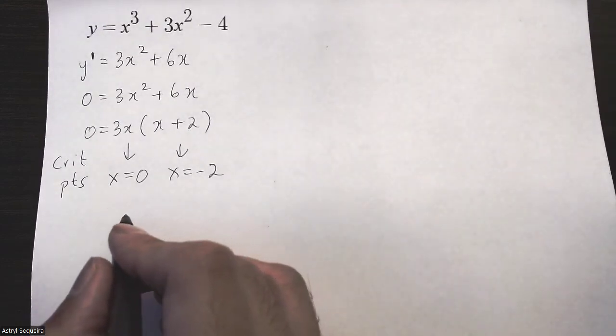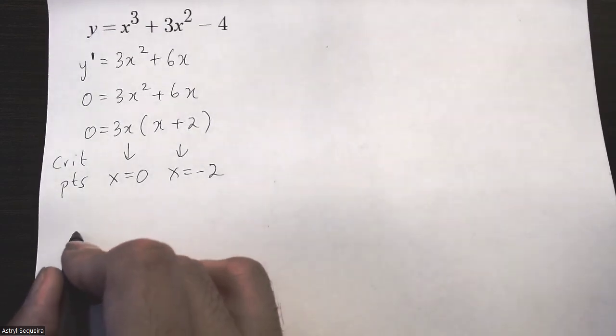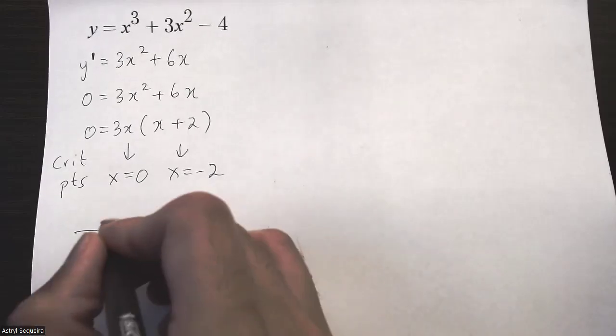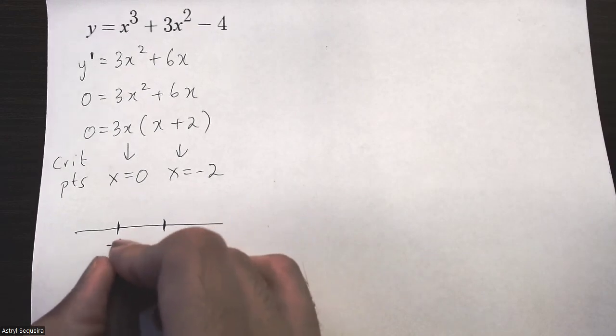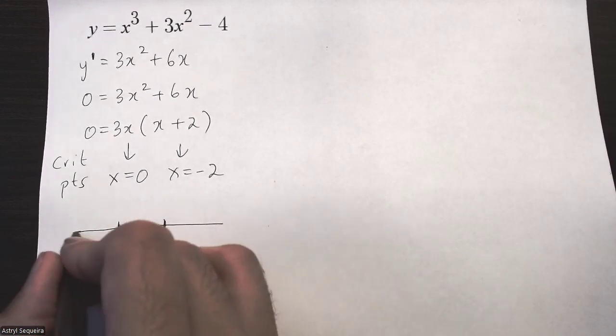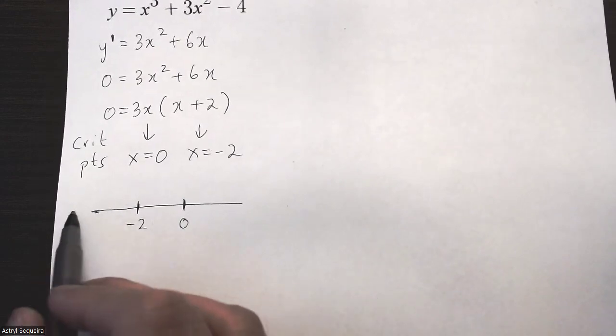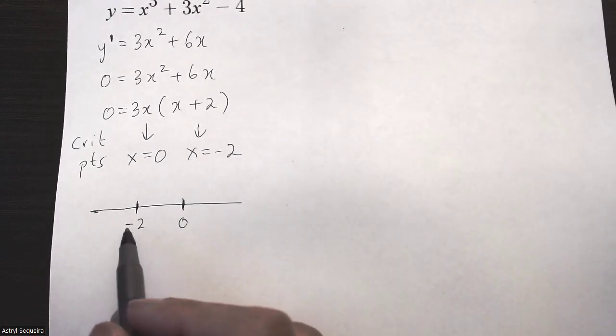The next thing I'm going to do is put my critical points on a number line so I can classify them as maximums or minimums. Put them from the lowest to the highest. So I'll first test this interval over here. I can pick any value less than -2.